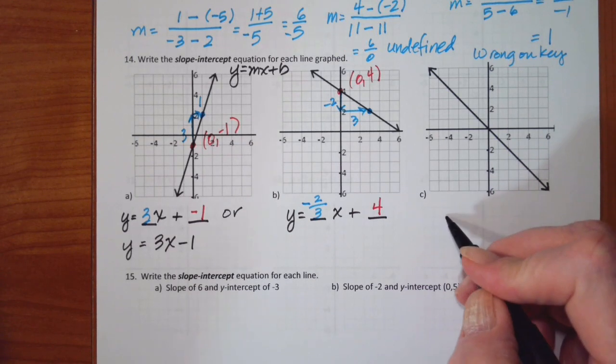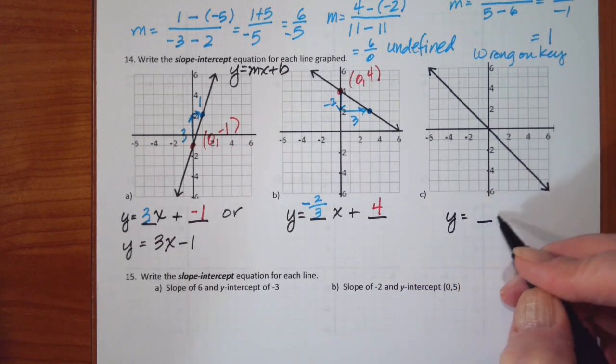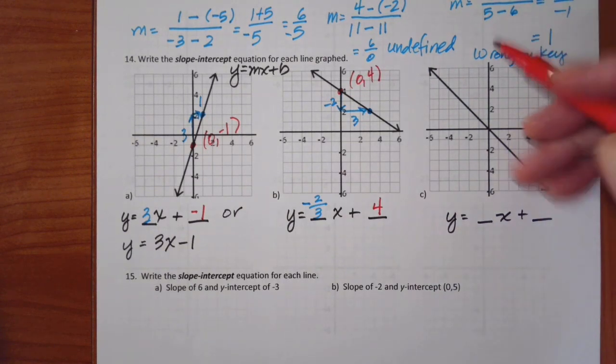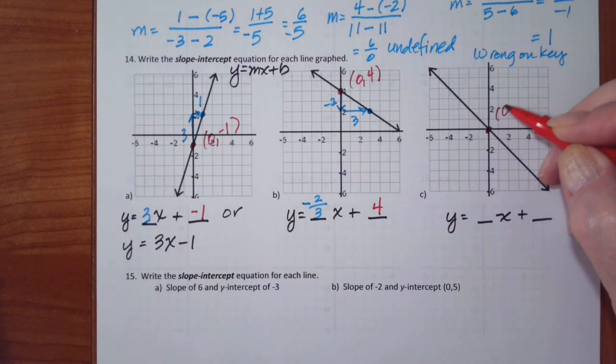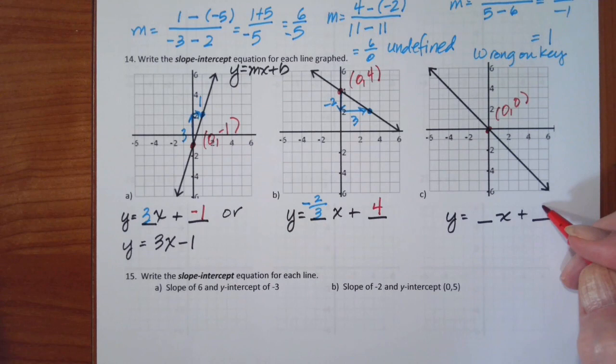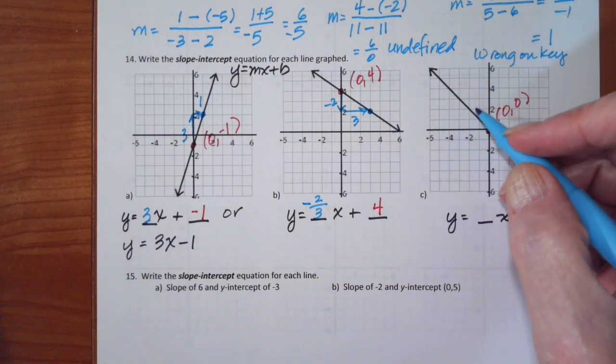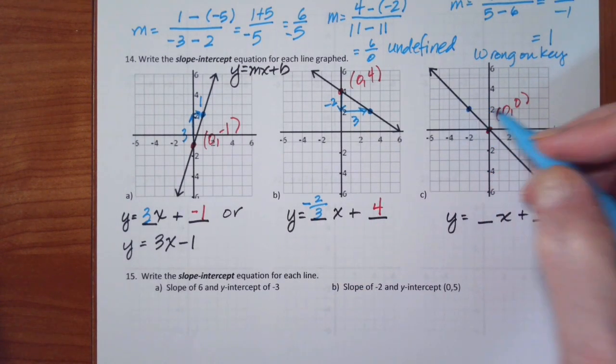Okay. All right, on this one I also need a slope and a y-intercept. It crosses the axis at 0, 0, which means my y-intercept is 0. Then if I find another point on the line, let's pick this one right here.